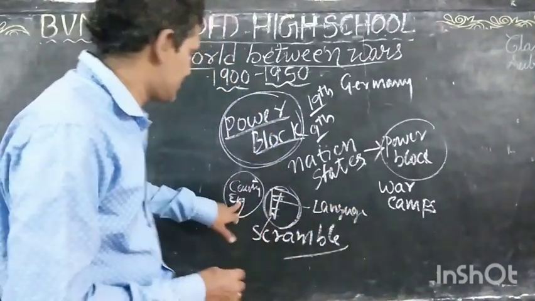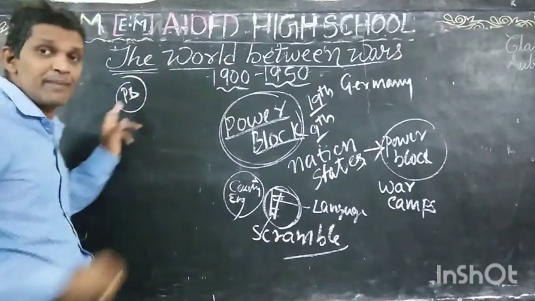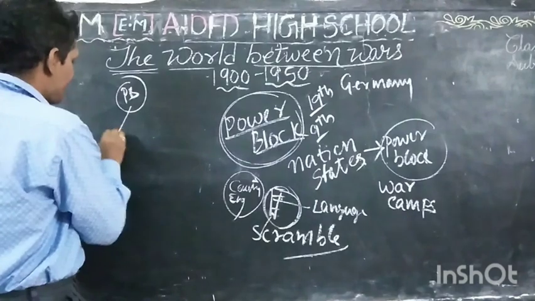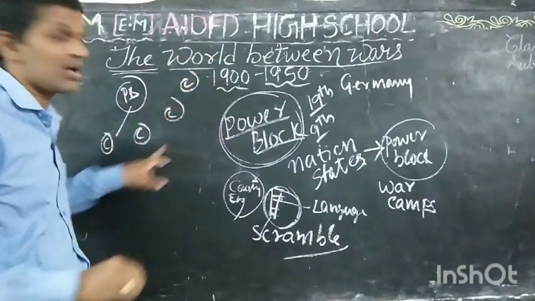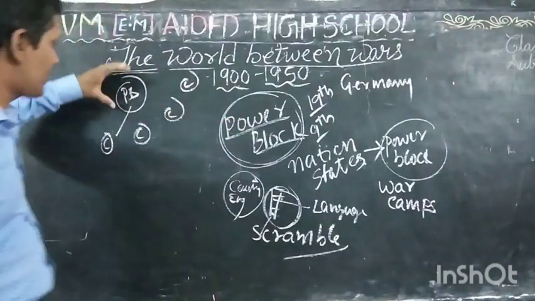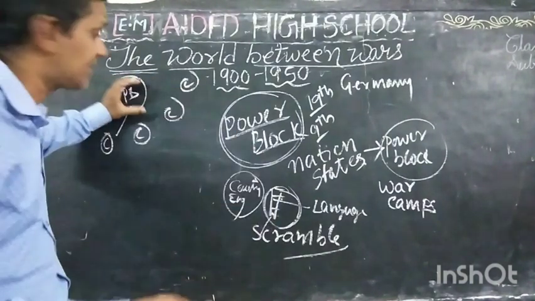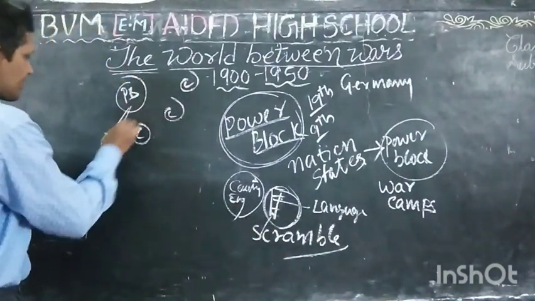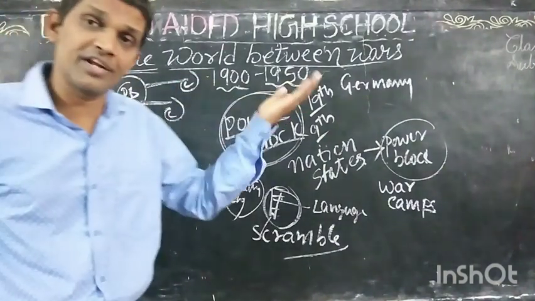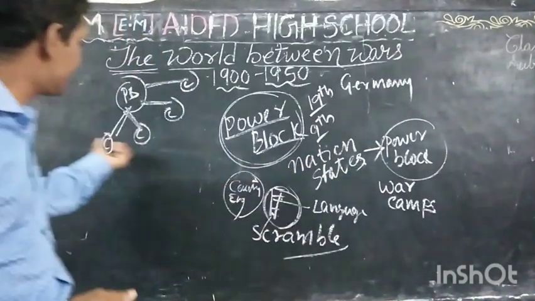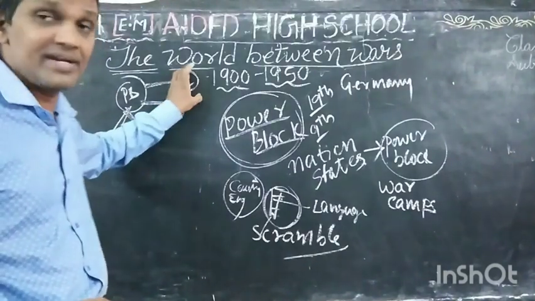What happened here? If you see this picture, this is a power bloc or an important, powerful country. This powerful country started establishing its colonies in various parts of the world. For example, Germany or Britain will establish colonies in various parts of the world or of Europe. And these colonies are trying to become national states. They are trying to get independence from others.